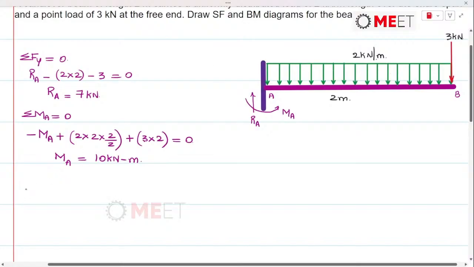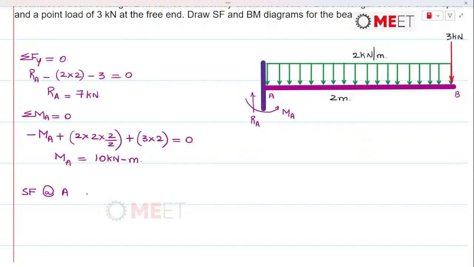So shear force at point A will be straight away equal to RA, that is 7 kilonewtons. Now shear force at section XX, let me just draw the section XX over here.